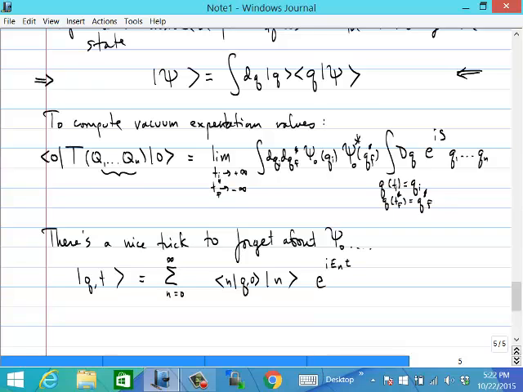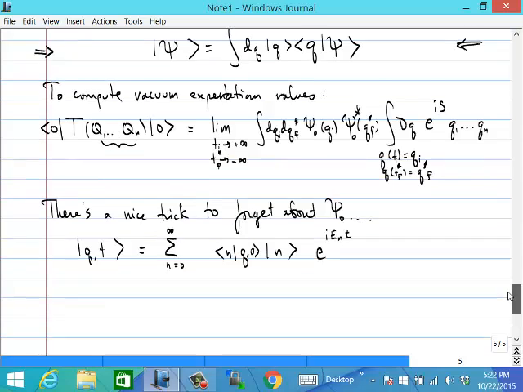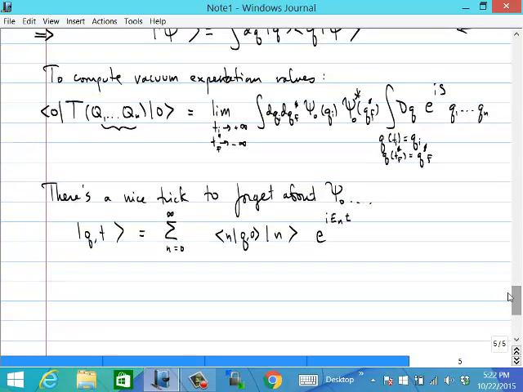So now I want to do a little trick. What I want to do is imagine doing a change of variables where you take time and you make it just a little bit complex. You add a small imaginary part that I'll take to be proportional to i epsilon.